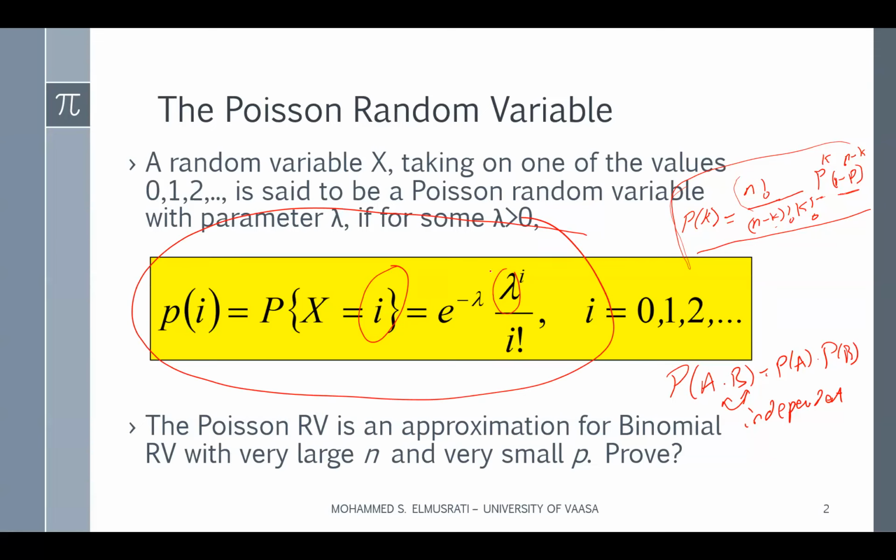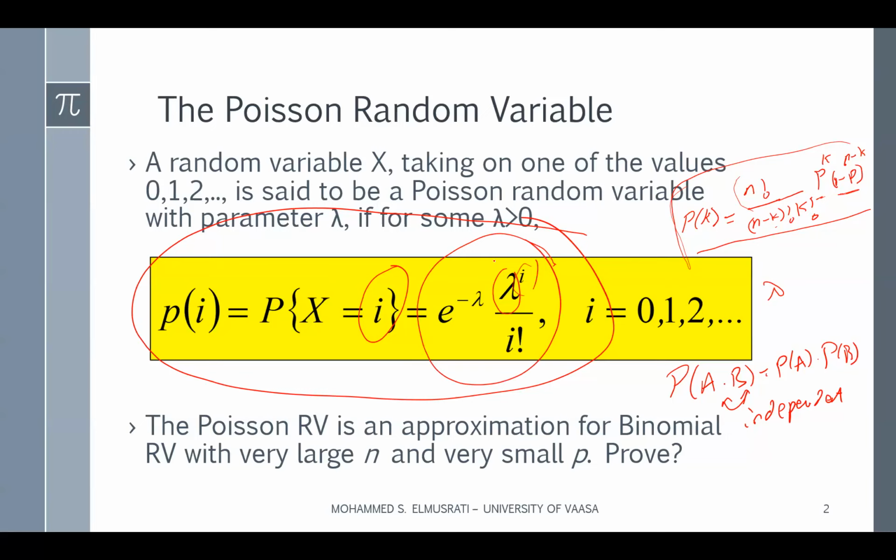We will revisit the Poisson random variable several times later, but now it is enough just to represent it in this way. The calculation is very easy. You just need to substitute in this equation. So if you have any problem where the average number of successes is lambda, and you ask what is the probability that you will get i successes, you can just multiply this.